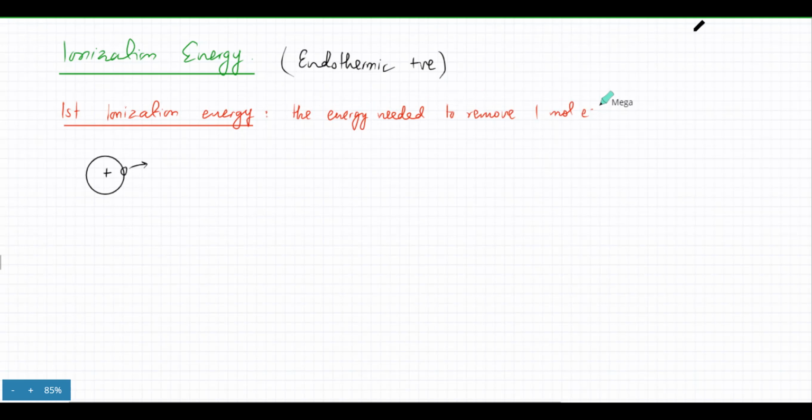So you remove one mole of electrons from one mole of gaseous atoms, to give you one mole of gaseous plus one ions, and measured under standard conditions.